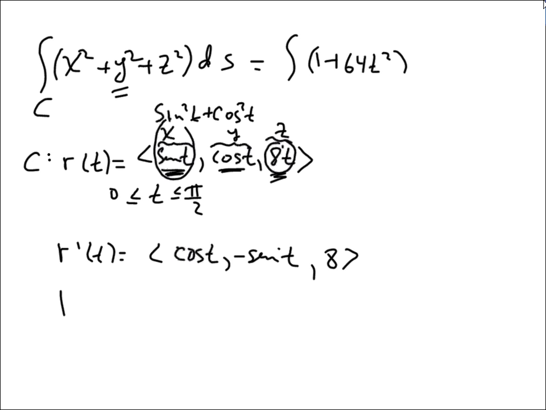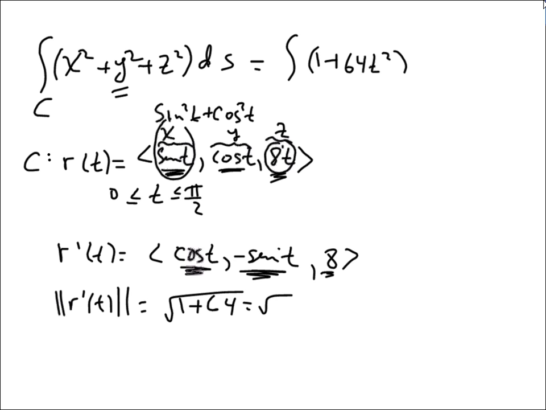So the length of r prime of t, well, it's this squared plus that squared. But that's 1. Plus that squared, that's 64. So it's the square root of 65 times the square root of 65 dt. And t goes between 0 and pi halves.